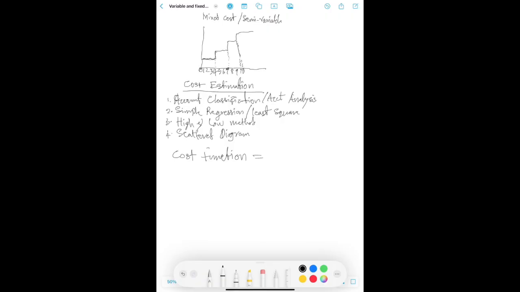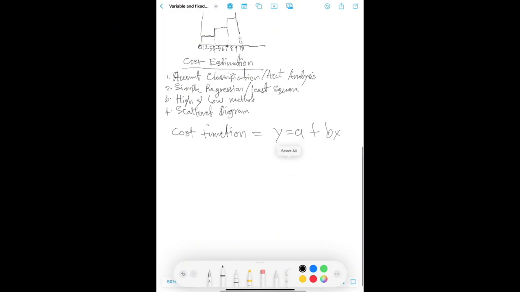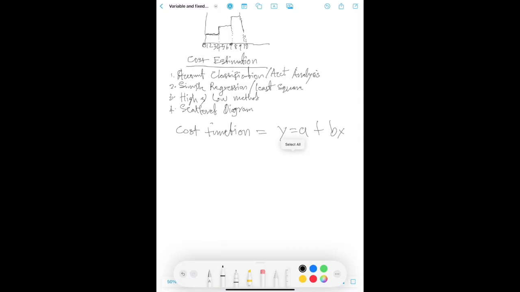Your cost function is stated as y is equal to a plus bx, where y stands for total cost, a stands for your fixed cost, b stands for your variable cost per unit. That's variable cost for 1 unit. And x stands for the number of units produced, or what you call the activity level.